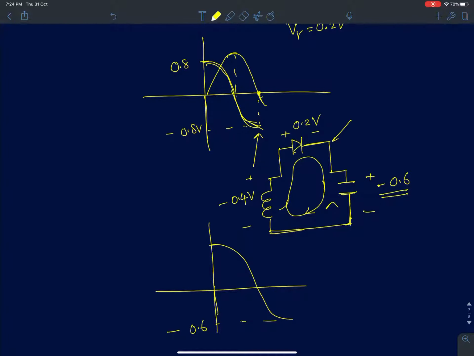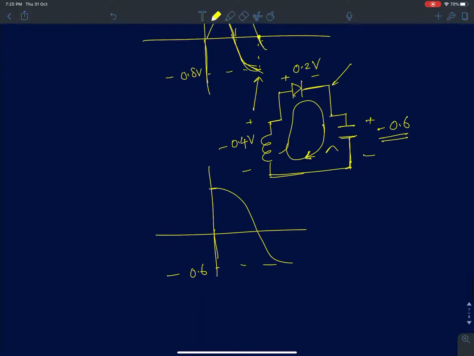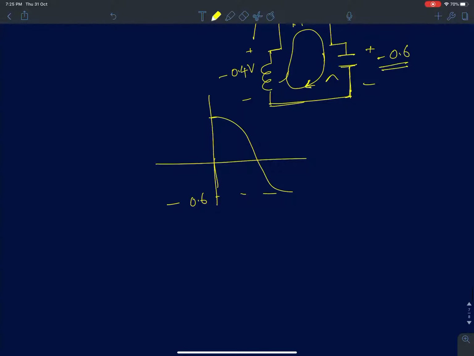The inductor voltage can change instantaneously, and even if it does, there won't be any sudden changes in the current. For the direction of current to reverse, the voltage across the inductor will suddenly change. I'll draw it again: it started from plus 0.8 and then reached minus 0.8, and then suddenly it will come to minus 0.4.